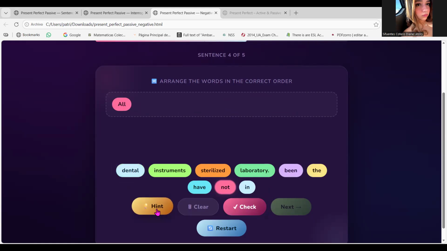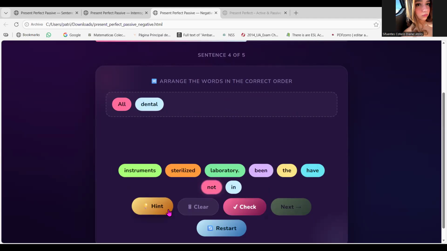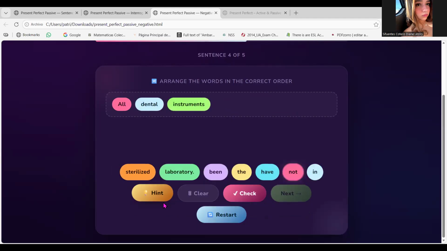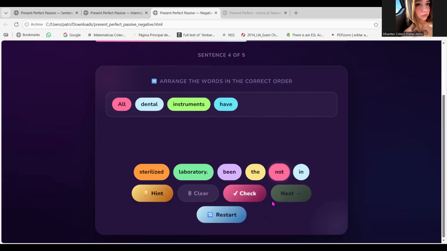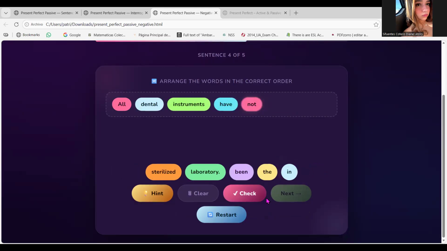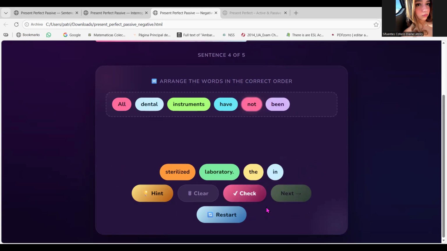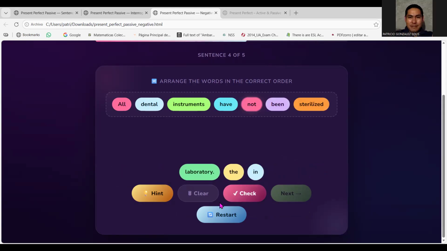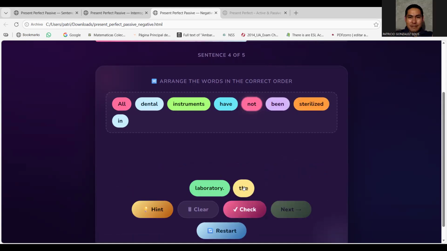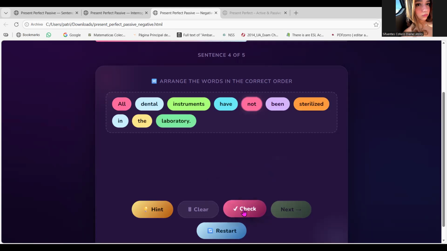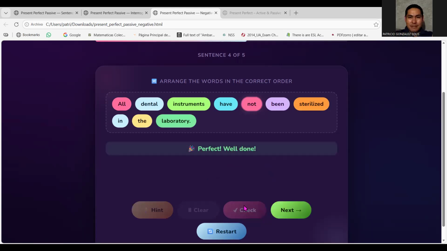All dental instruments have not been sterilized in the laboratory. Great, my dear. Well done. Thank you, teacher.